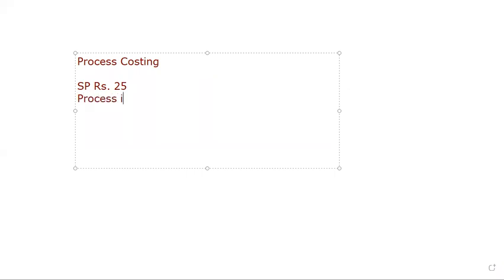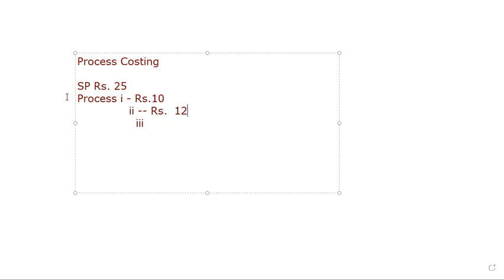प्रोसेस 1, प्रोसेस 2, प्रोसेस 3. ओके. तो प्रोसेस 1 में स्टूडेंट आपको पता है कि इसका कॉस्टिंग कितना है. प्रोसेस 3 में आपको कितना है ये पता चलना चाहिए. ओके. तो for example प्रोसेस 1 में आपका 10 रुपीज चला गया. ओके. प्रोसेस 2 में आपका for example 12 रुपीज चला गया.